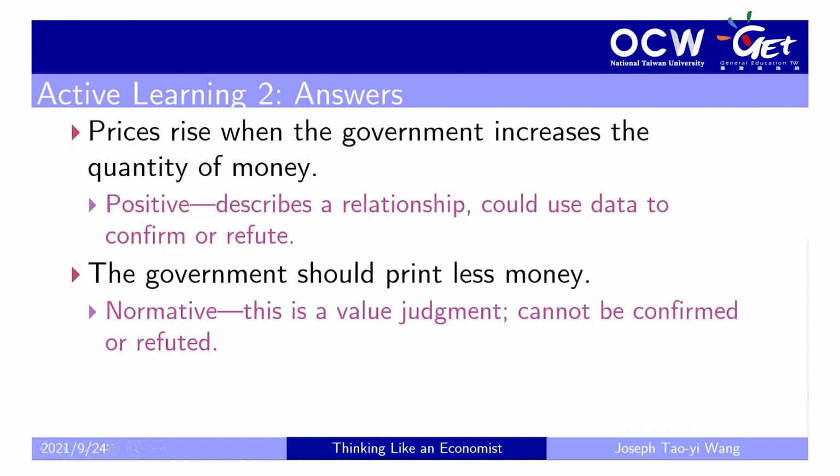There you have a value judgment. And then you can say, okay, based on the positive statement that increasing the quantity of money would cause inflation, plus this value judgment that this result is not good, hence the government should print less money. So the key thing for normativeness is that there's a value judgment here.